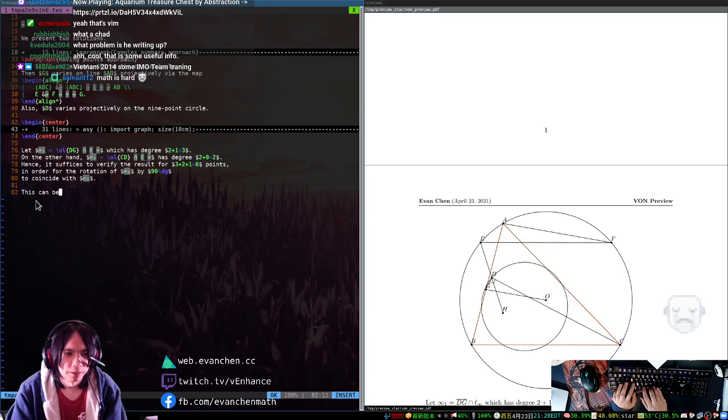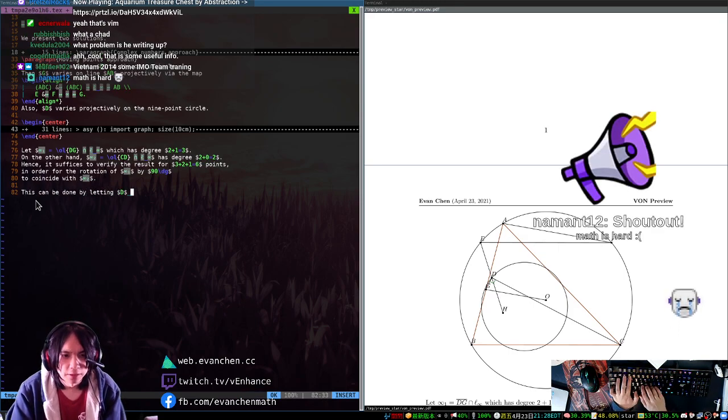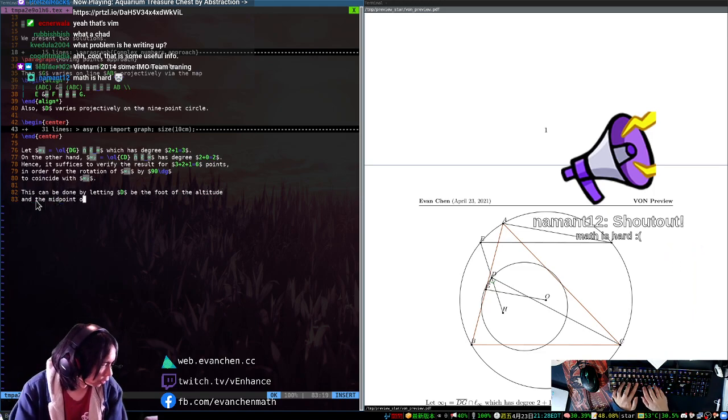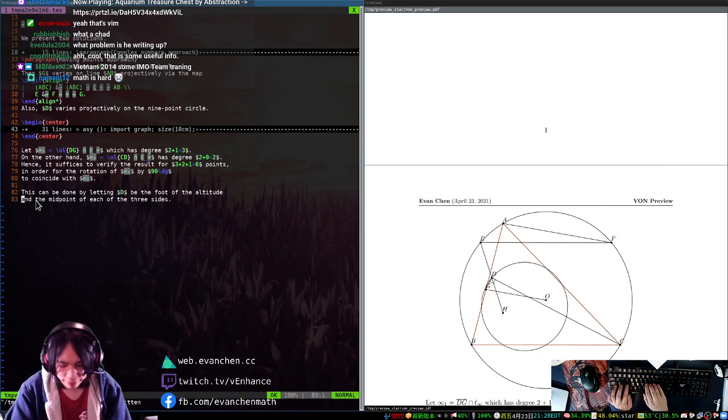Okay, this can be done by letting D be the foot of the altitude and the midpoint of each of the 3 sides. Yeah, okay.